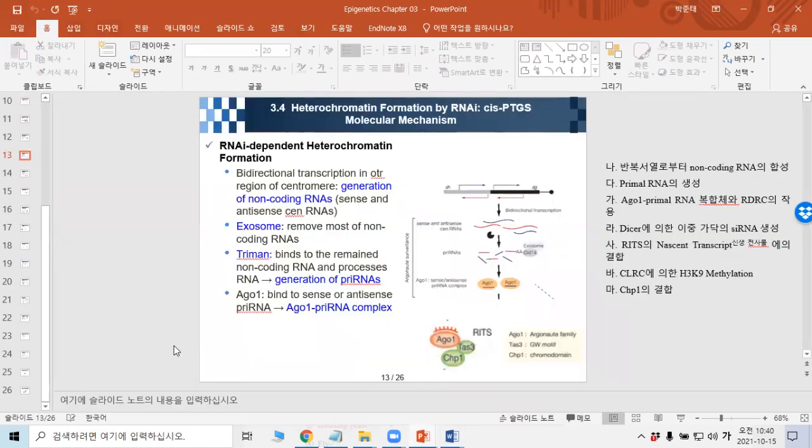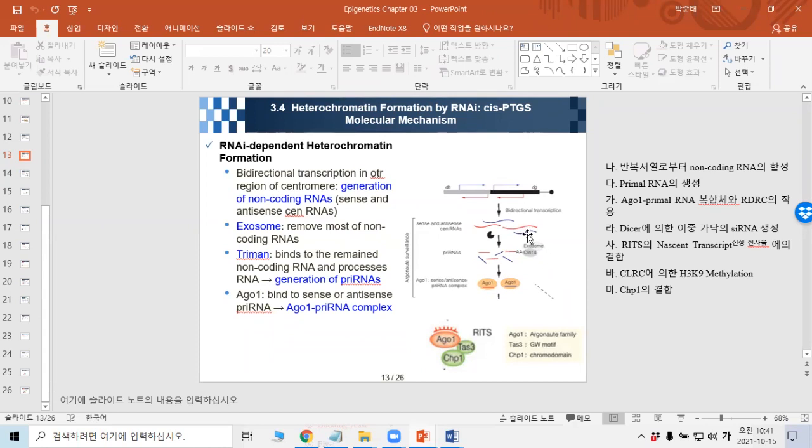The first step is the function of the exosome and the function of the Tas3 treatment. Bidirectional transcription happens in the OTR region. Especially the exosome removes most of the non-coding RNA.